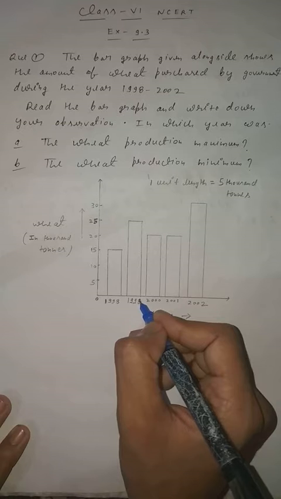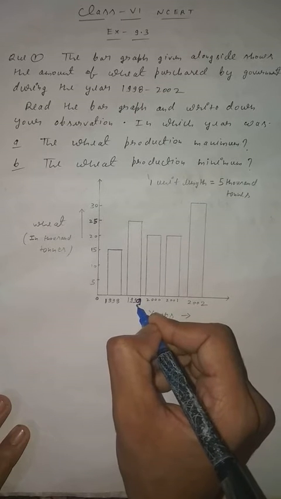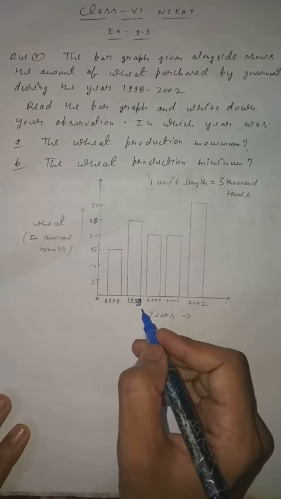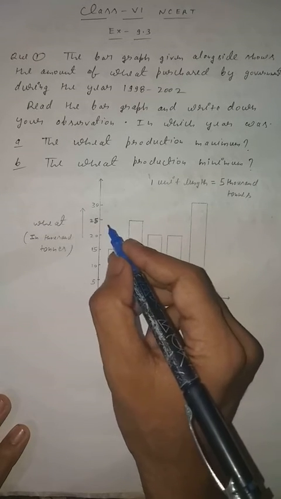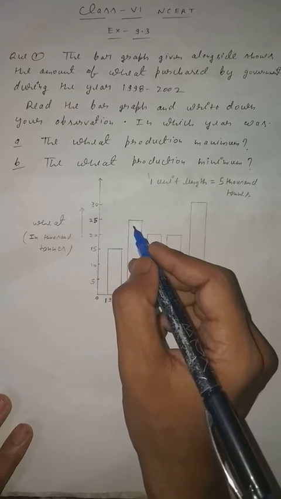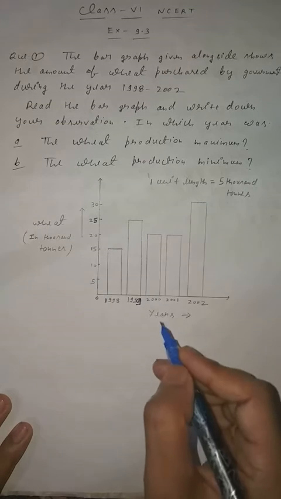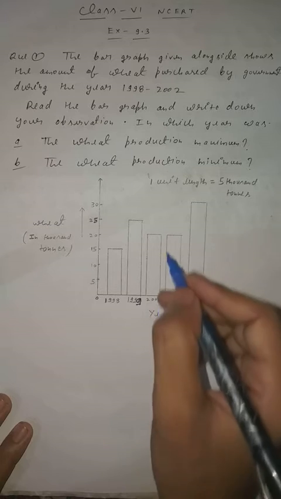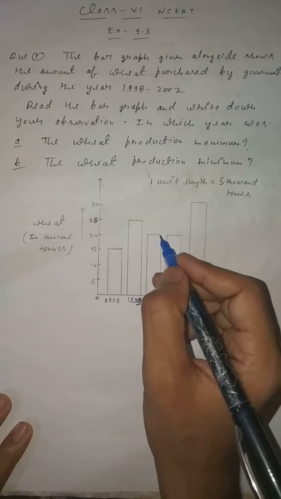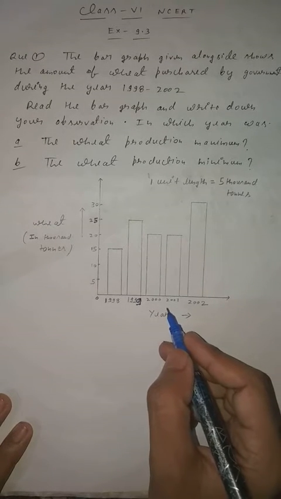And this is 1999. For 1999, what is the amount of production, students? The bar lies on 25, so this is 25,000 tons. Now in 2000, the bar is on 20, so 20,000 tons.